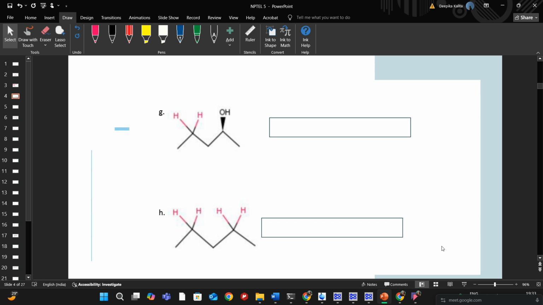Now here we have two sets of molecules. So in this case, if we look at these two protons, one of these two protons will be in the same phase as this hydroxyl group. Okay, and the other, suppose this is above the plane and placed towards us, and this is below the plane.